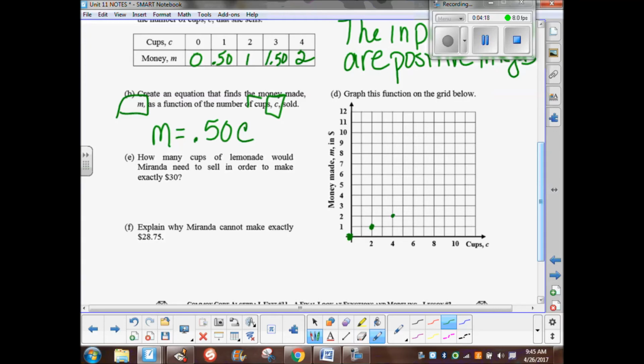So 4 cups, we've got $2. You can see the slope occurring. We're not going to connect them, because if we connect them, that indicates that maybe she's got $2.13 or $5.75. That's not happening.